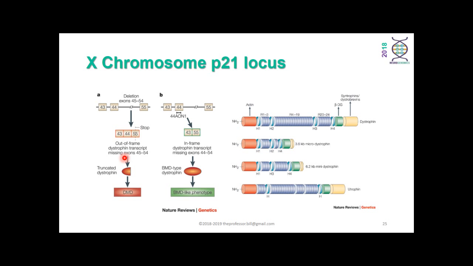So here you are with this gene. We now have these deletions, and instead of forming this really large protein, you get a smaller truncated version of this protein, dystrophin, that I'm going to explain in some more detail, meaning that you don't have a fully working version of the dystrophin gene or the protein.